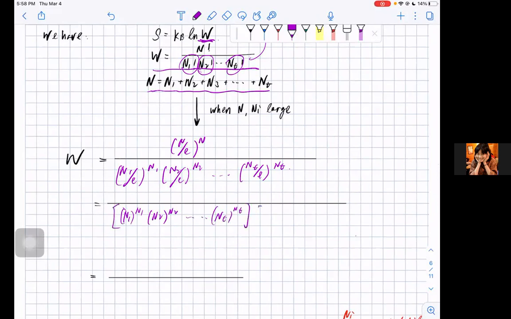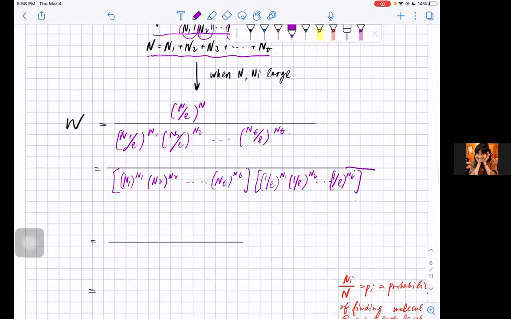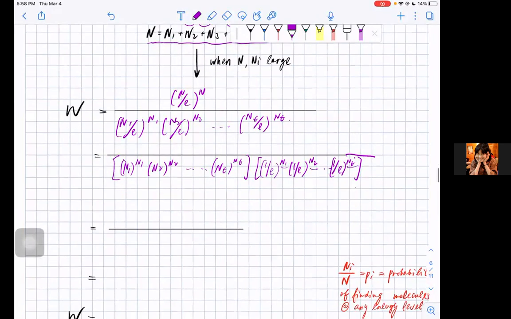N's term here and e's term, let's put them together. And because they have the same base, we can combine the exponential, which gives us n.